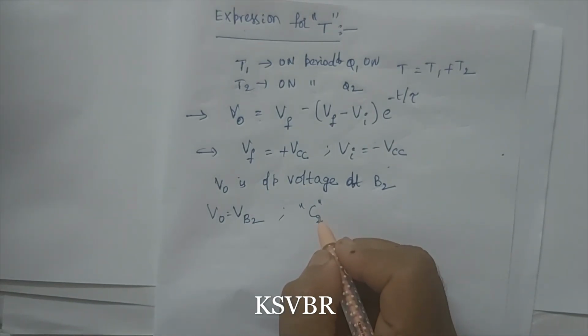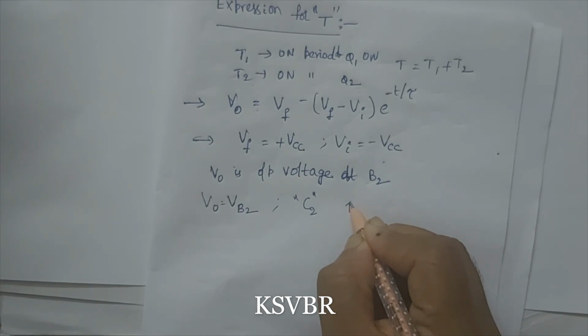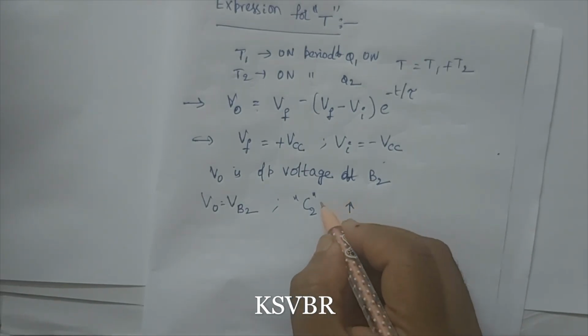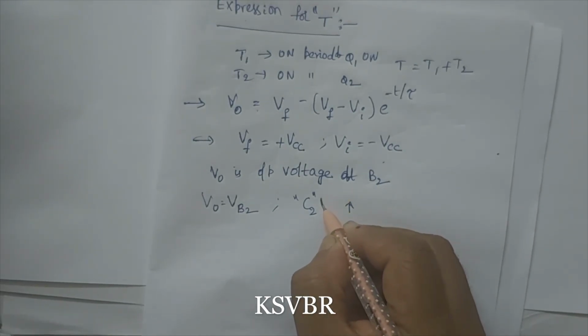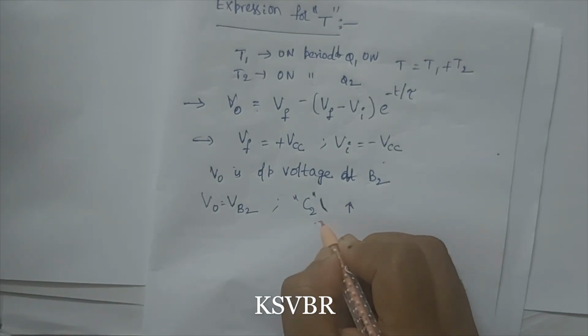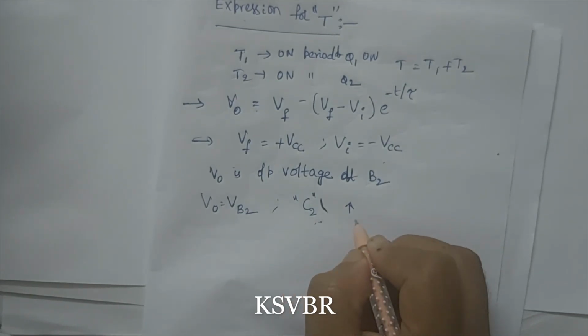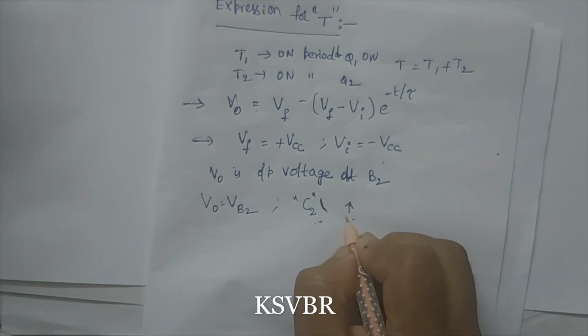It starts discharging exponentially, and the voltage of B2 increases exponentially. C2 starts discharging from the circuit. What starts increasing? The voltage at base 2 will increase.